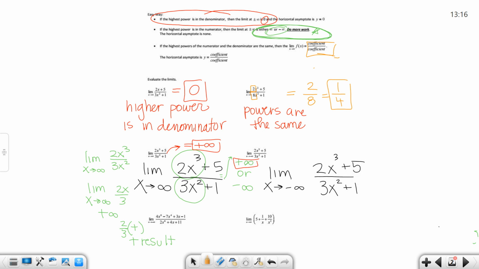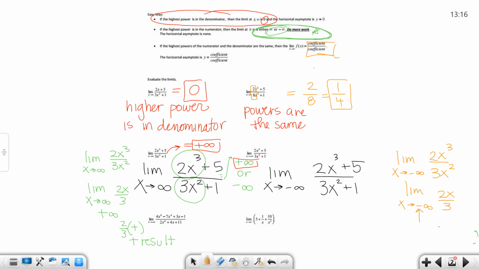Okay, let's do this one over here. So if I look at this one, I'm looking for the limit as x approaches negative infinity, and I'm going to be looking at my higher terms, 2x cubed over 3x squared. If I simplify that out, I'm going to be looking at 2x over 3.